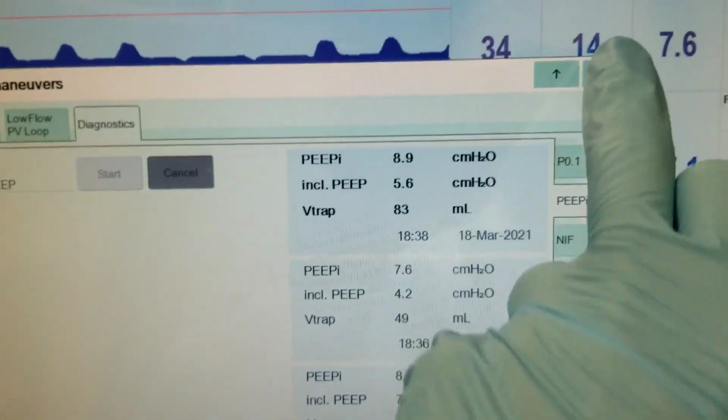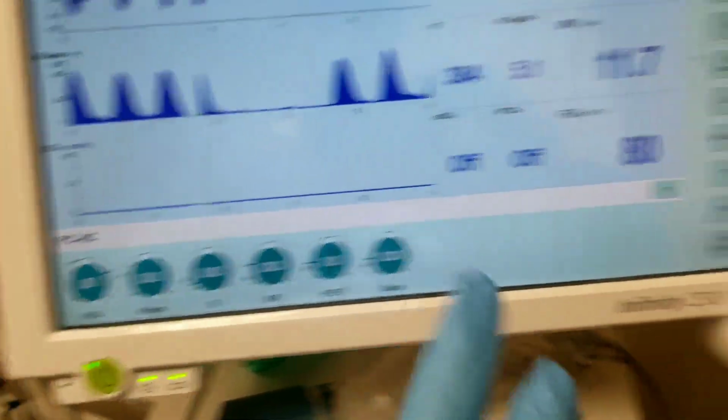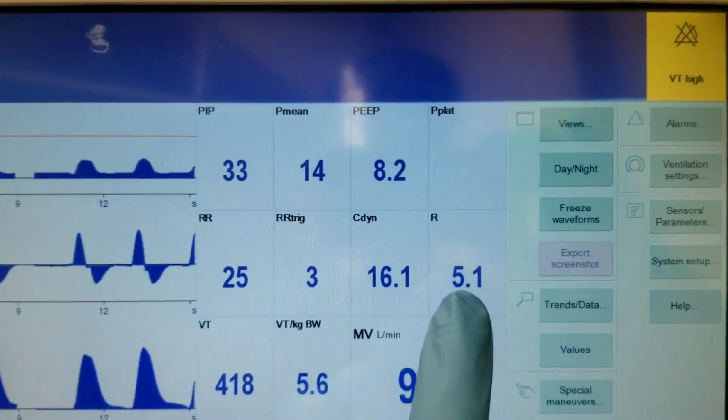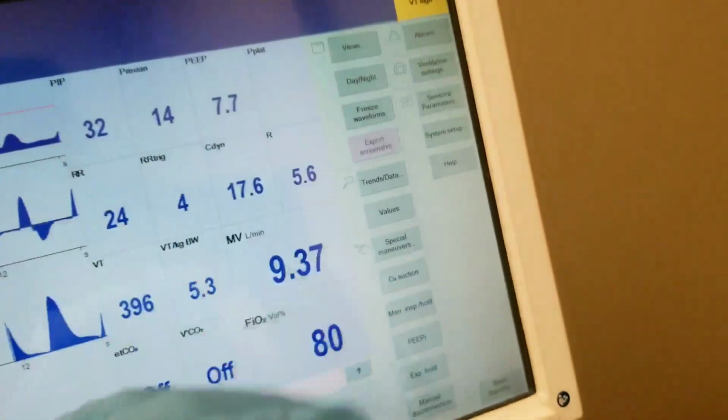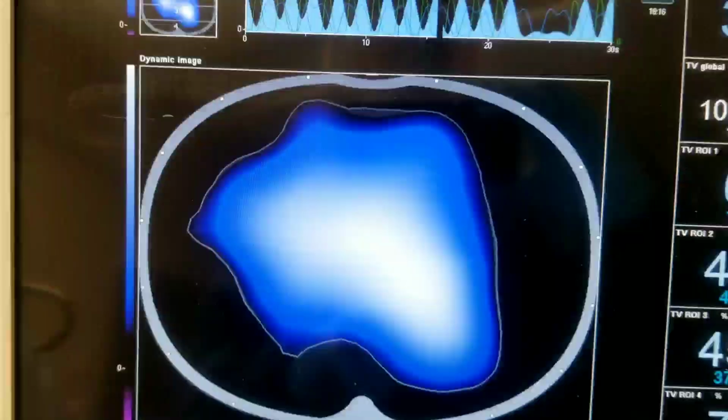When you set the auto release at 75, it'll always fall on the ideal PEEP. Unless you have a lot of resistance through the ET tube, then the resistance during the release will cause a higher PEEP. So let's switch it back.